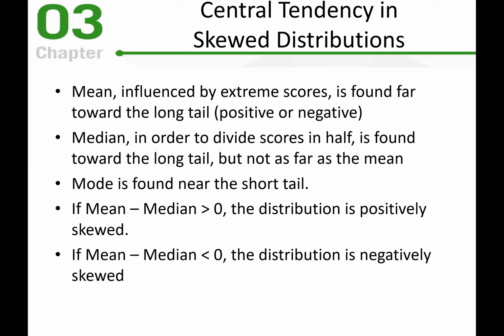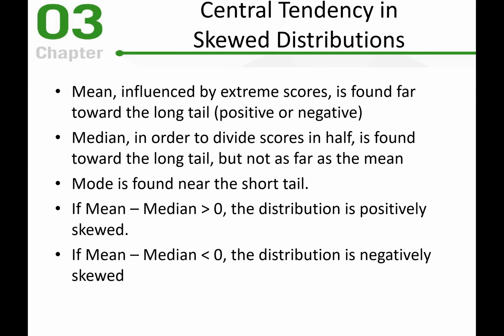The median, in order to divide scores in half, is found towards the long tail, but not as far as the mean. And the mode is going to be found near the short tail.